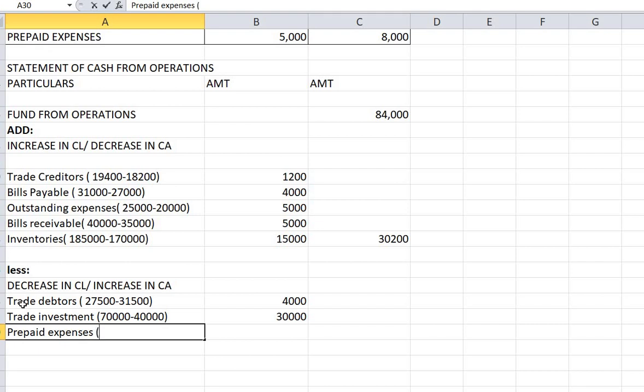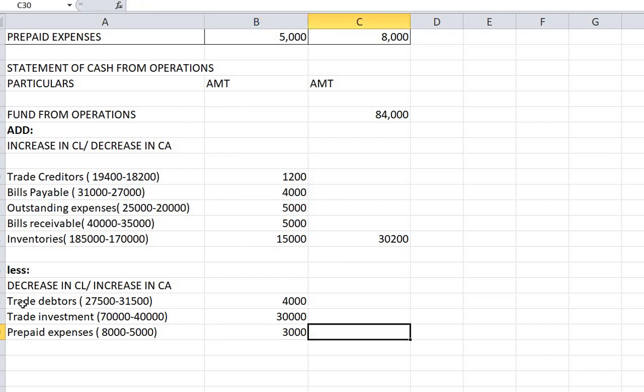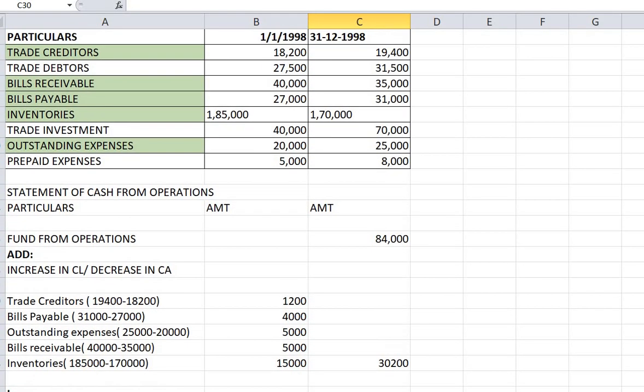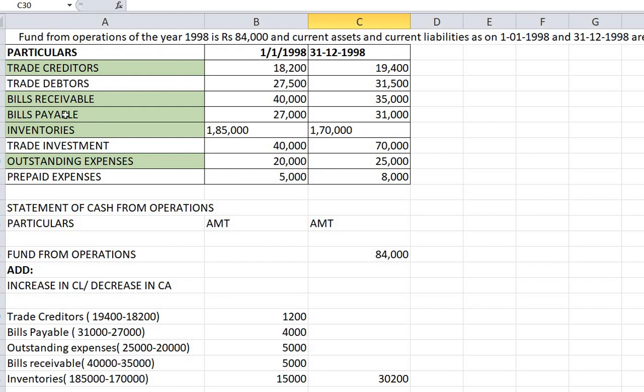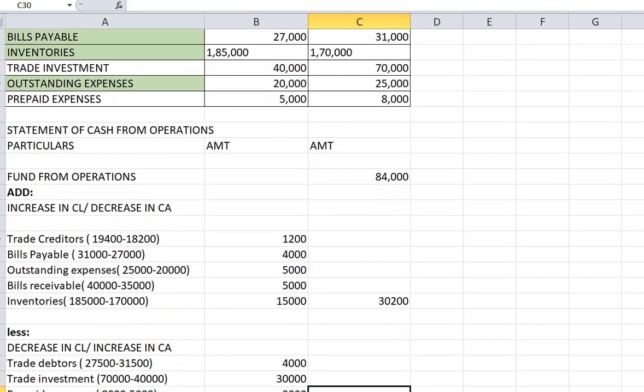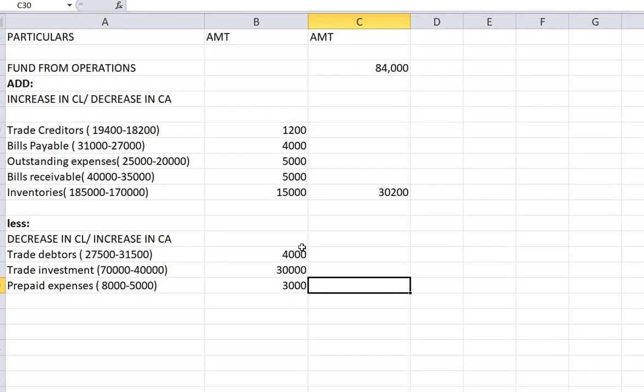Okay. Prepaid expenses was 5,000 and then 8,000, isn't it? So 8,000 minus 5,000. What is the amount? 3,000. So this is the items. Is there any other items in the question? No, there is no other item. So we have taken all the items together. And now you're going to calculate the total of 30,000, 33, 37. So just write 37,000 in the amount column.